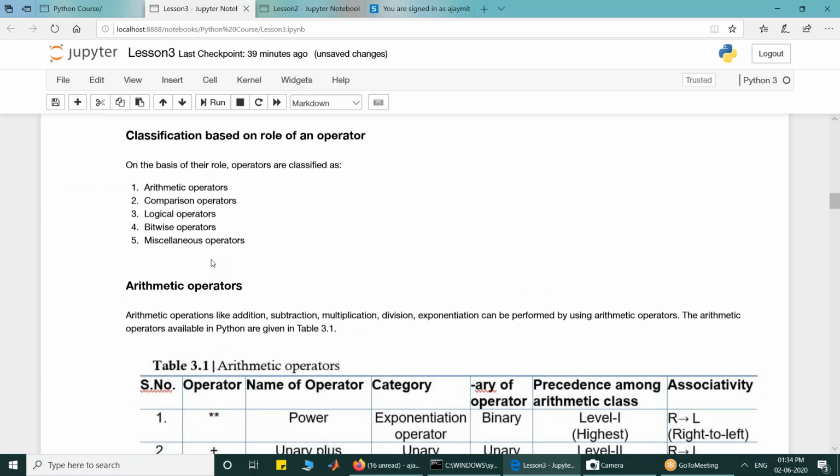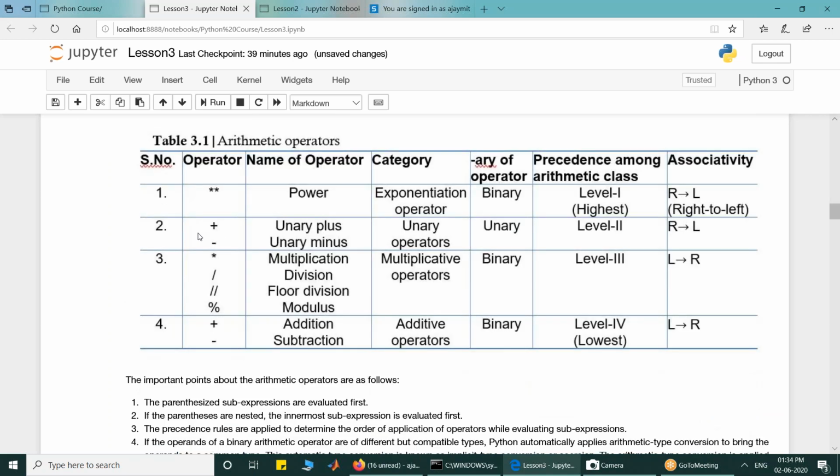Look at arithmetic operators. This table gives you the arithmetic operators available with us. So we have the power operator, the exponential operator. This is a binary operator. It expects two operands and its associativity is right to left, as you have already seen. Among this category, this operator has the highest precedence.